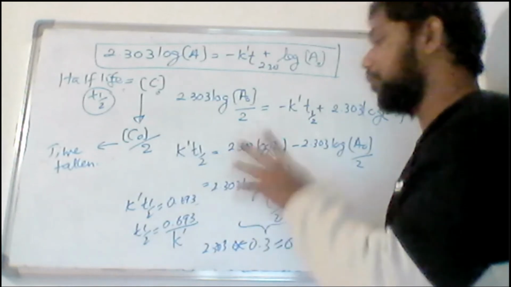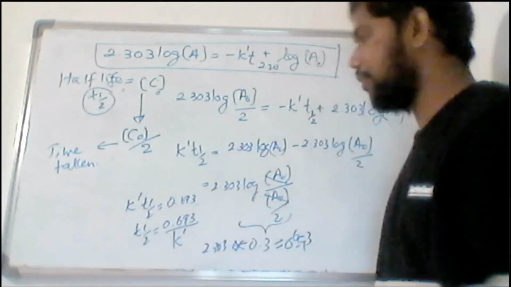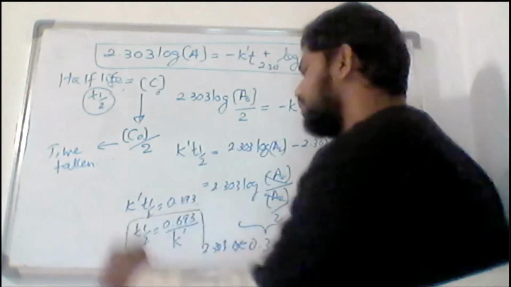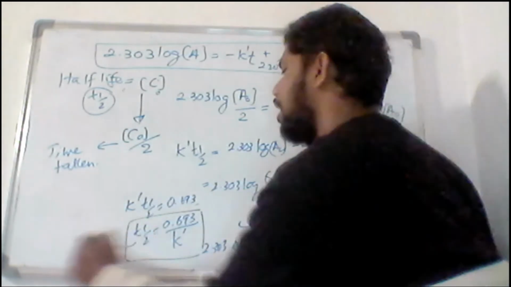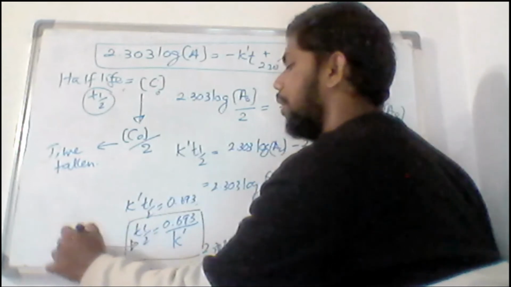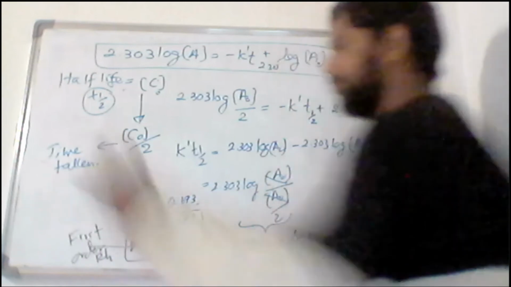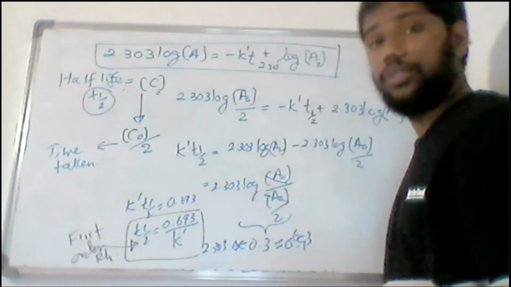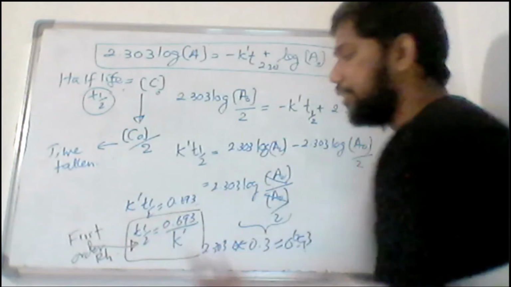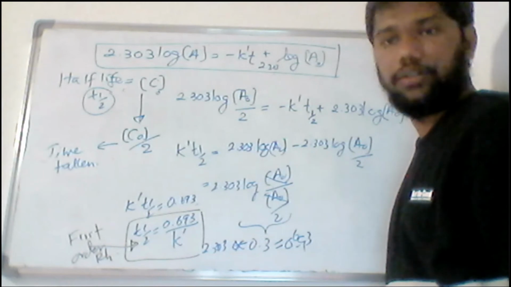So remember, this half-life, 0.693 over k dash, is for a first order reaction. If you remember your theory, normally for a first order reaction the half-life is 0.693 over k, the rate constant.